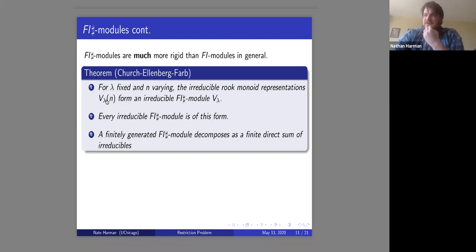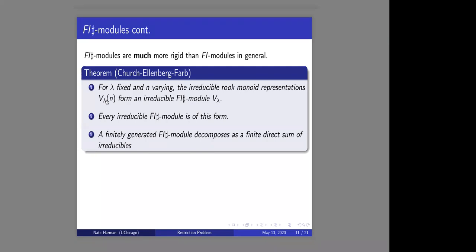As I said, talking about finite length FI modules is actually not the interesting case. The interesting behavior is all in the infinite length ones. So it's really quite a different story.